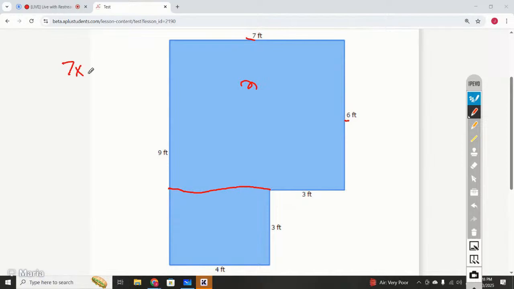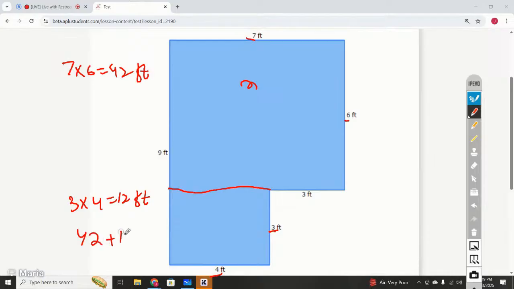That is 7 times 6 equals 42 feet. And the smaller one has the side length 3 times 4. That is 3 times 4 equals 12. So 12 feet it is.